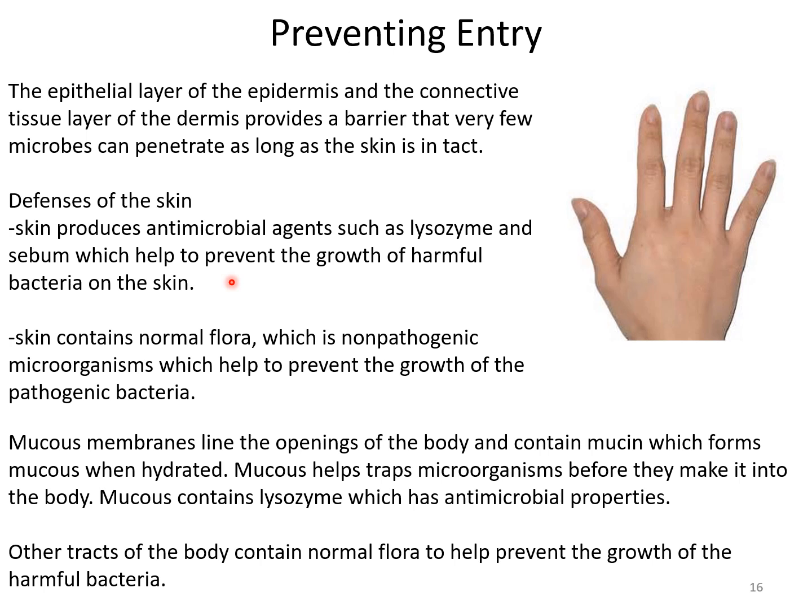Harmful bacteria, that is. The skin contains what we call normal flora. Normal flora is non-pathogenic bacteria or non-pathogenic microorganisms, and they do thrive on our skin surfaces, and they help to prevent the growth of the pathogenic or harmful bacteria.